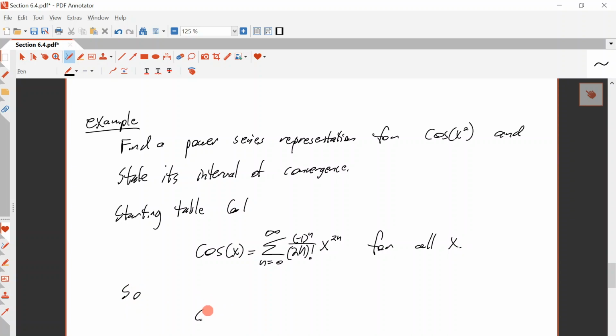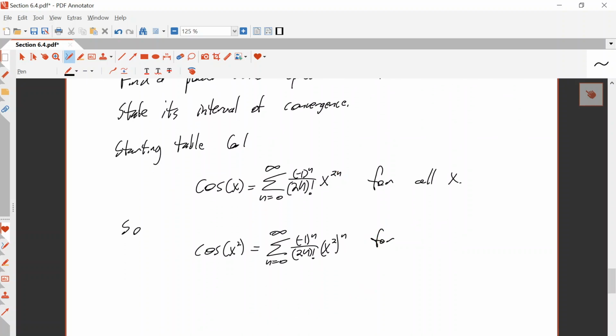So, cosine x squared is the sum n equals 0 to infinity of minus 1 to the n over 2n factorial, x squared to the n, for all x again. So now we would like to write it in the standard way, so it's a constant in terms of n times x to a power in terms of n.